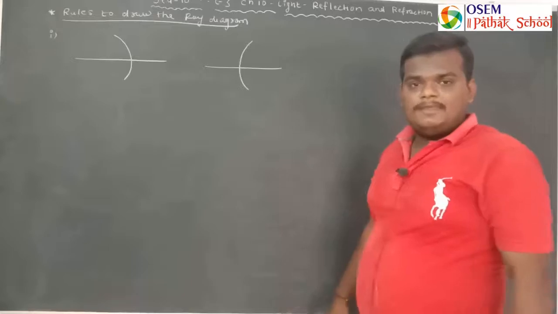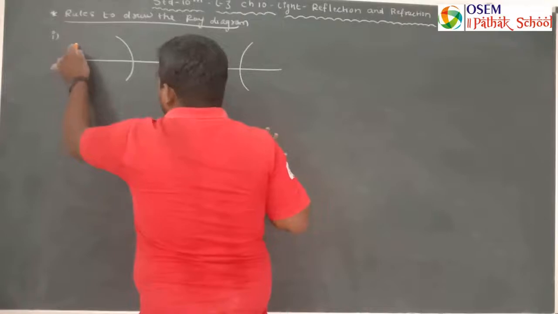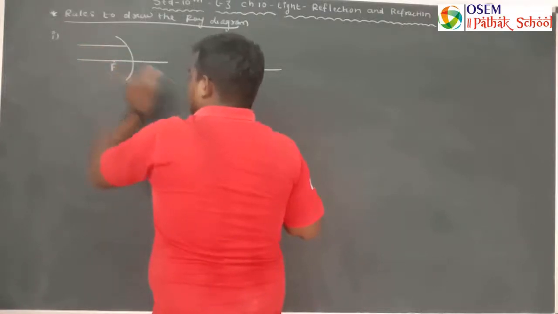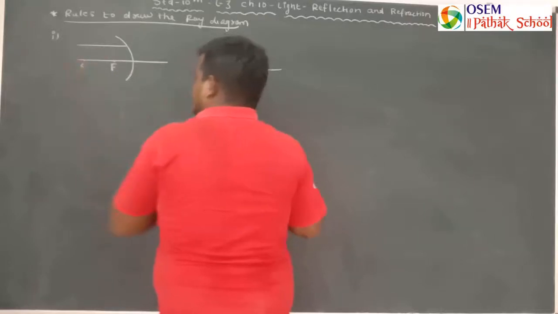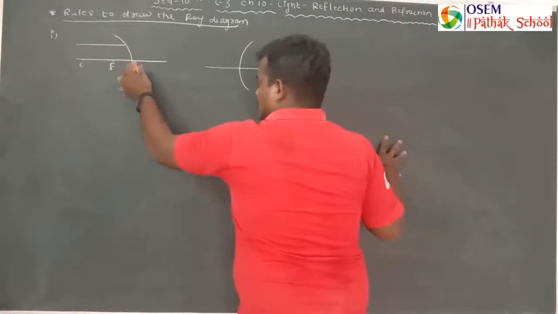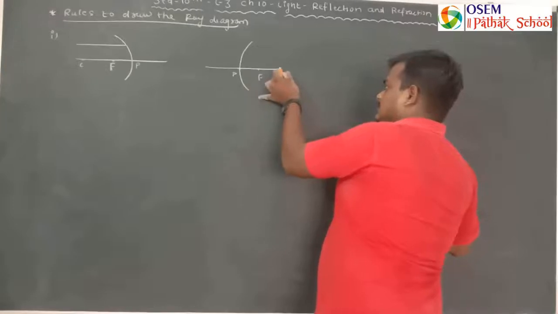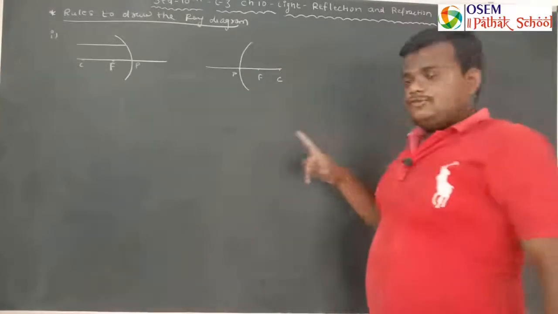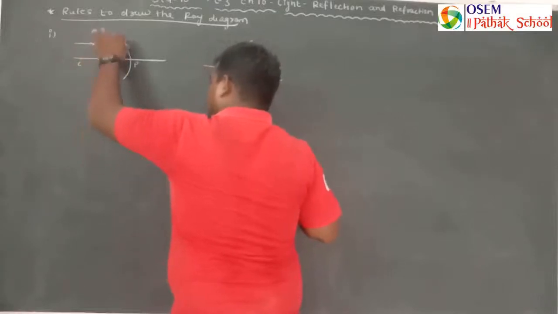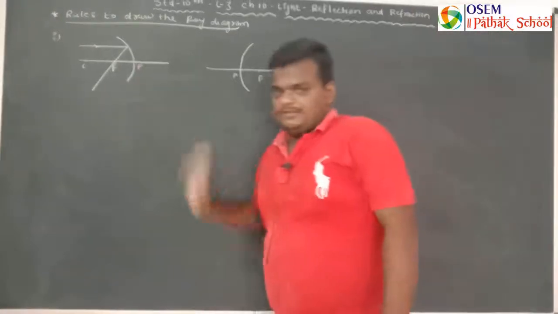So for the light ray coming from an infinite distance, this is focus point F, and this is the center of curvature. This is the pole, this is the pole, this is the focus point, and this is the center of curvature. So light coming from infinity, after being reflected, passes through the principal focus for a concave mirror.